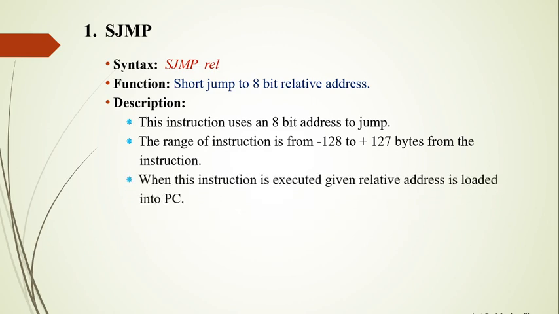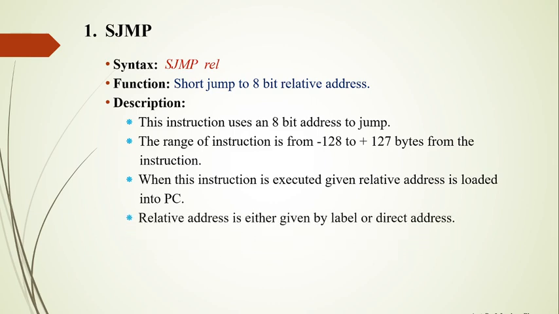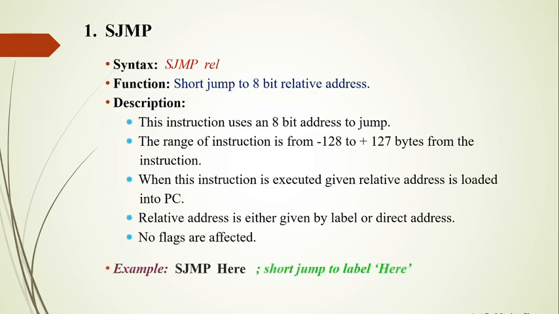When this instruction is executed, the given relative address is loaded into PC, and the relative address is either given by a label or a direct address within the instruction, and no flags are affected during the execution of this instruction. Let's see the example. SJMP HERE. In this instruction, HERE is used as a label.